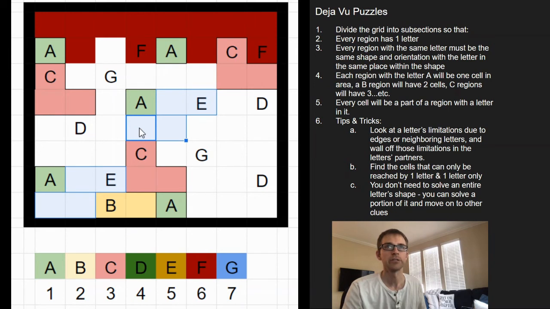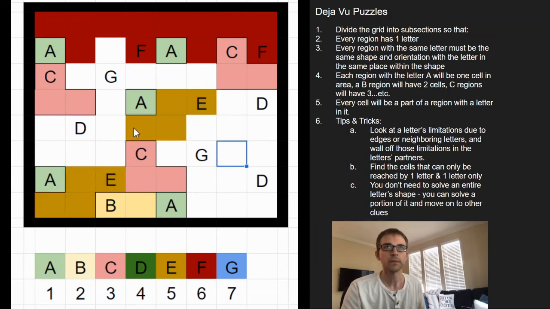And then what you could see is this E shape is only 4. We need a 5th one. Well, this can't come down or to the right, so it's either going to be up here or here, and that would work for here or here as well. But let's color this in just so you guys know what I'm talking about.